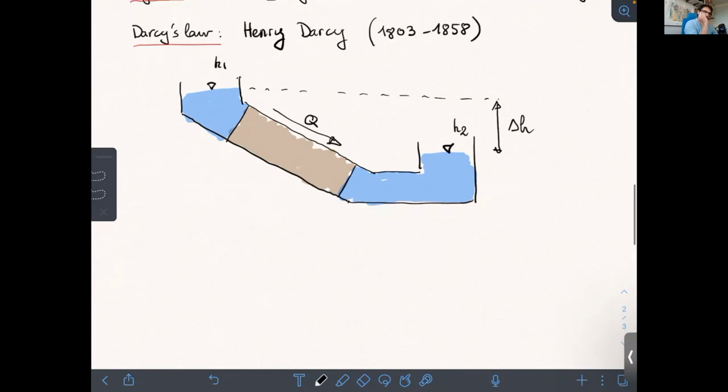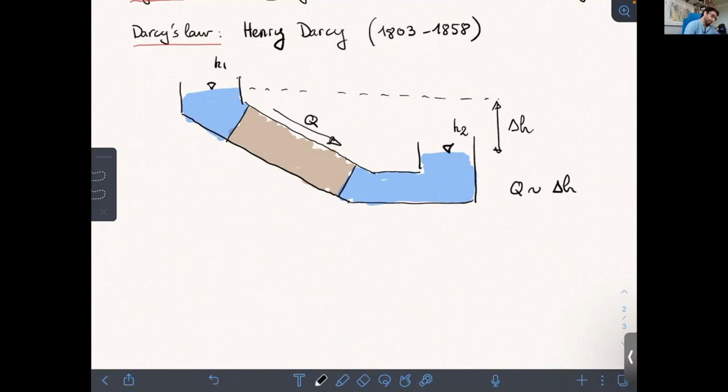And so what he showed is that by doing this experiment with very different flow rates, he measured the flow rate for many different differences in height between the two levels, and he found that it was actually proportional, simply linear. So there is a linear relationship between the flow rate and the difference in the level.